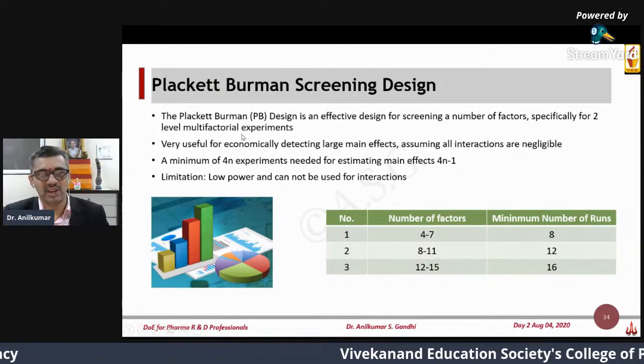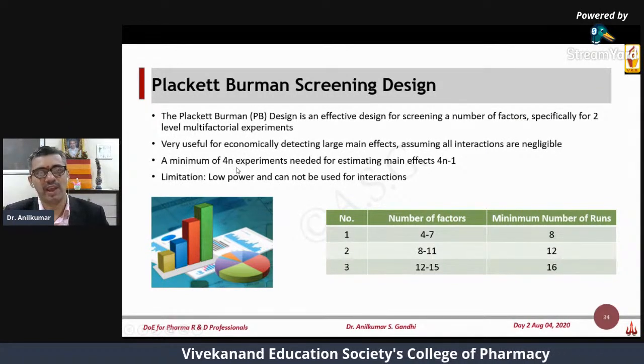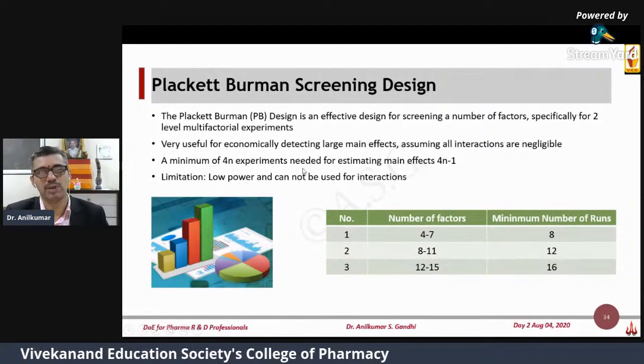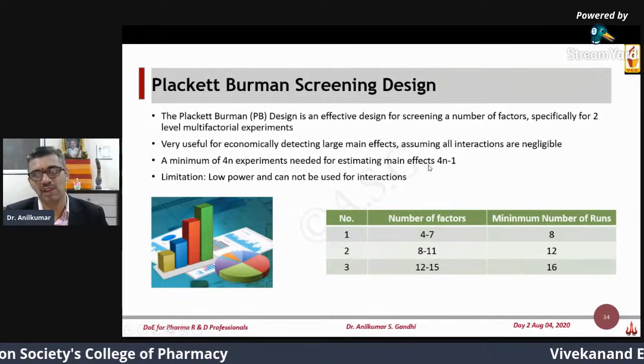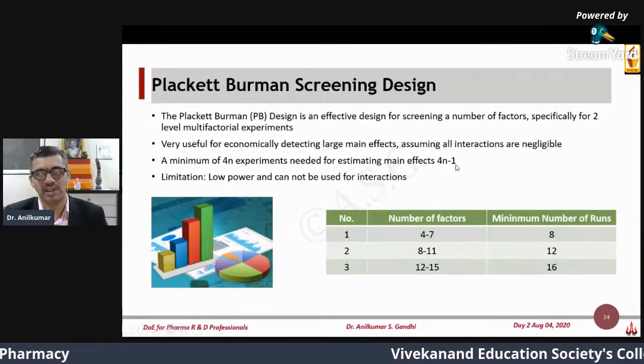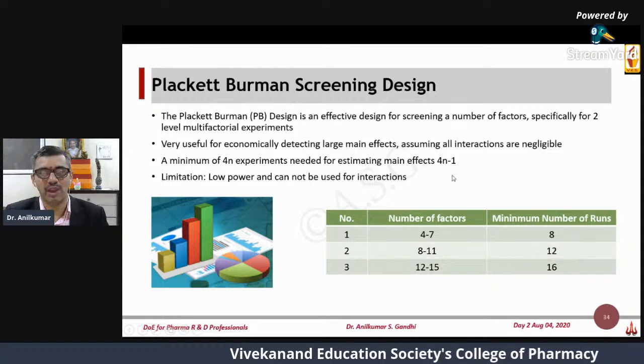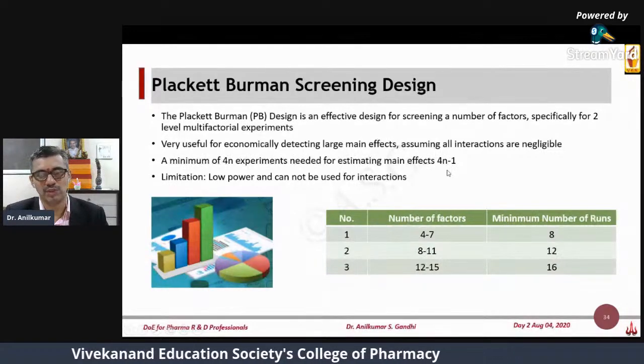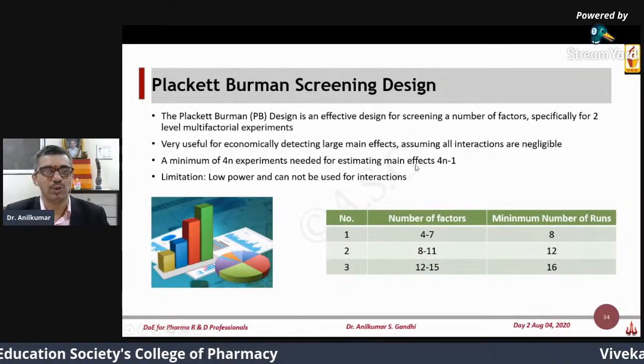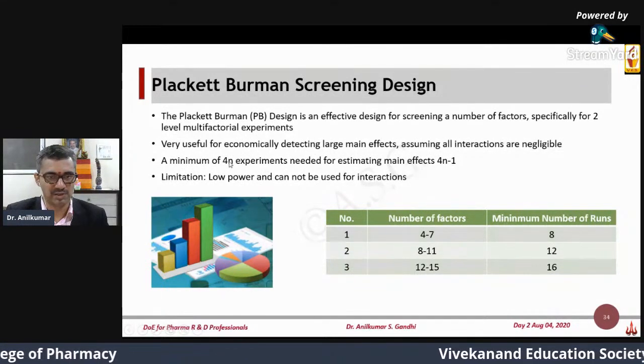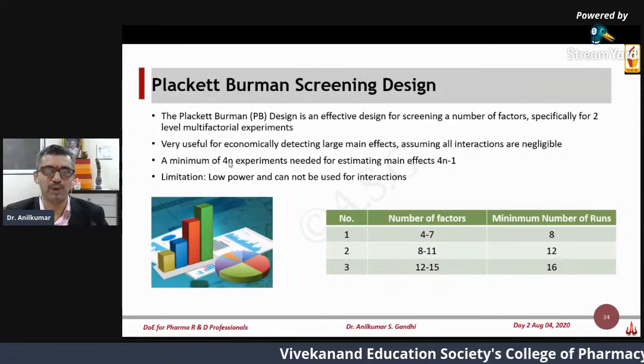Now in Plackett-Burman, what you see is that 4 into n experiments are needed to estimate main effects, which is 4n minus 1. So that means if you have 7 main effects, n is 2, and you can do it in simply 8 experiments. Okay, this is the beauty of this.